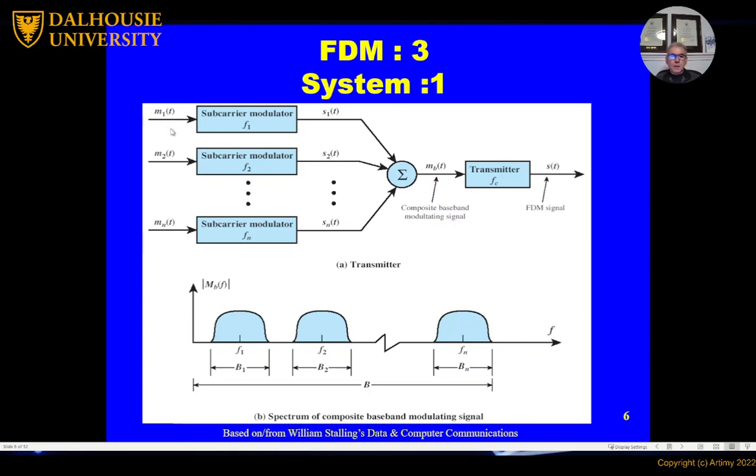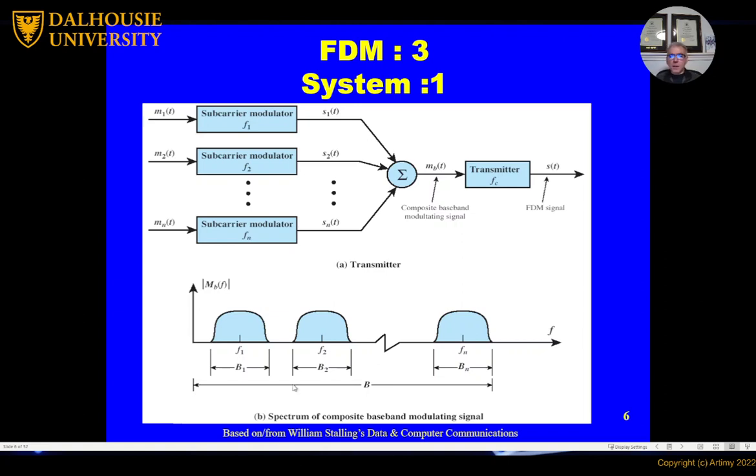So I'll take the message, the original binary sequence, and modulate it with what we'll call a subcarrier. And then all these resulting signals, S1, S2, Sn, will be added together and sent through the channel, right? Because they occupy different frequencies, they don't destroy each other, right?